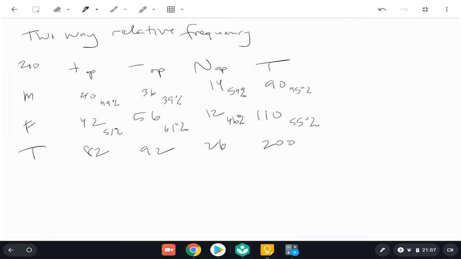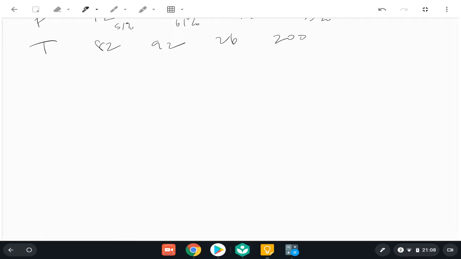What's going on over here? Trends in categorical data. I have to try this one again. Oh, okay. Trends in categorical data.